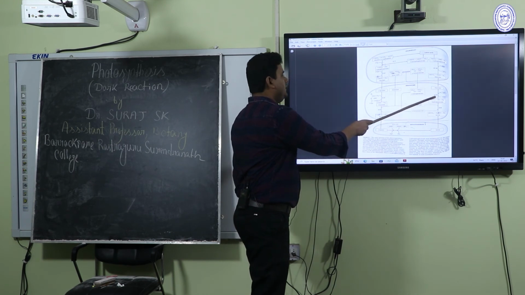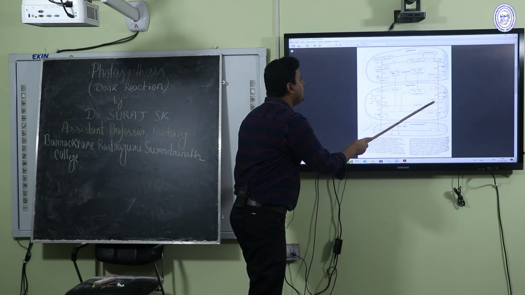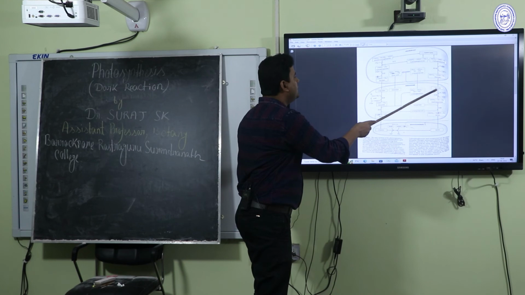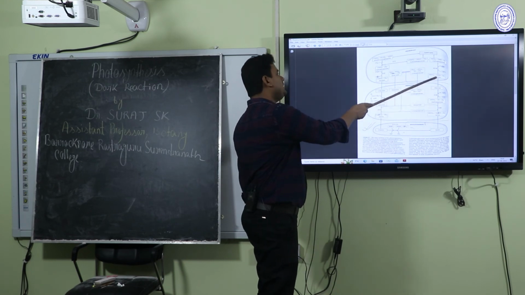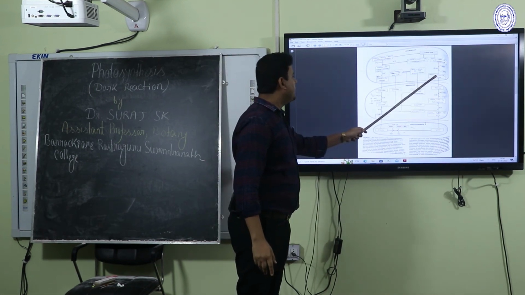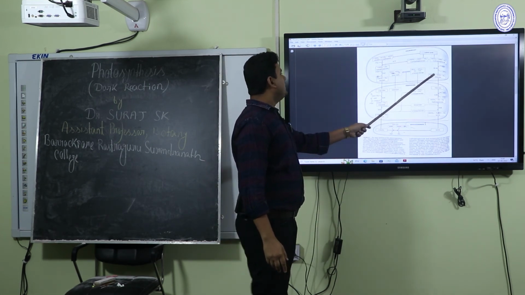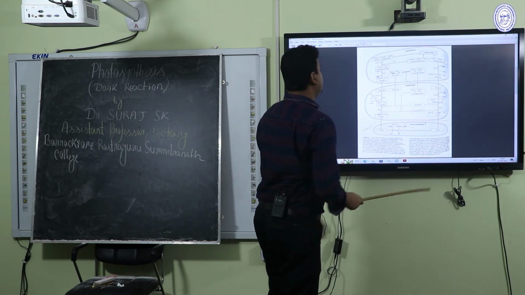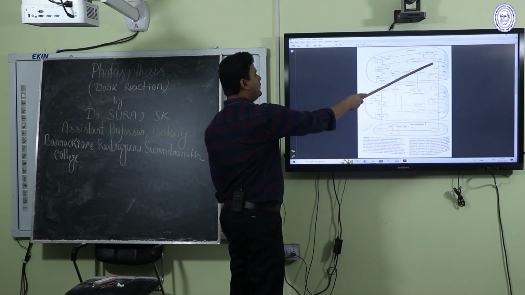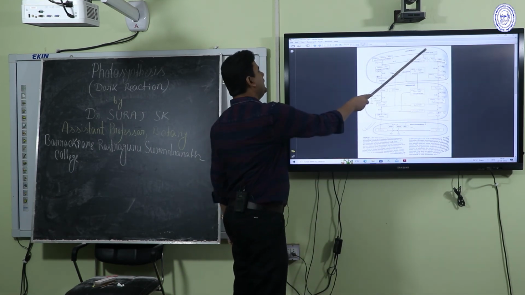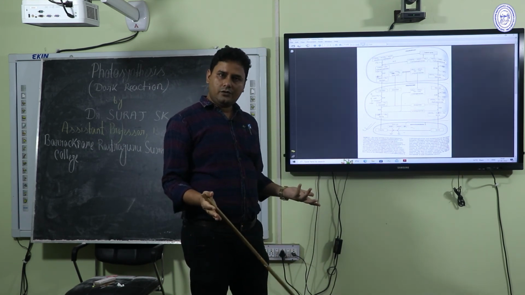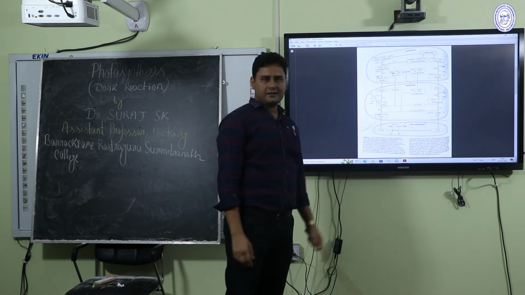In the next step, hydroxypyruvate will be converted into glycerate, and this glycerate will be transported into the chloroplast, and here glycerate will be converted into 3-phosphoglycerate, and this 3-phosphoglycerate will enter the Calvin cycle. So ultimately, it will also follow the Calvin cycle.